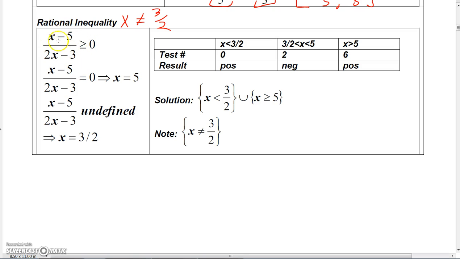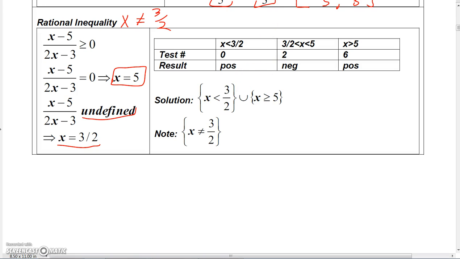So here I have a fraction, x minus 5 over 2x minus 3, is greater than or equal to 0. Well, the only place that a fraction can change sign is at a number that makes the fraction 0 or a number that makes the fraction undefined. And I've already told you what that number is, 3/2.